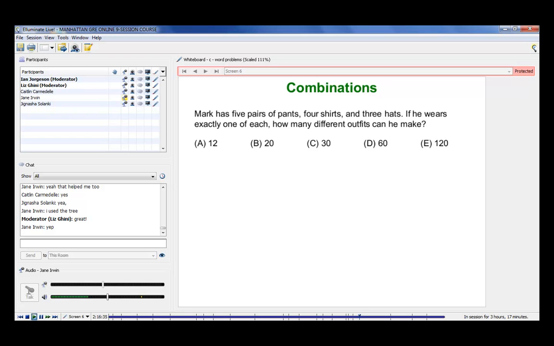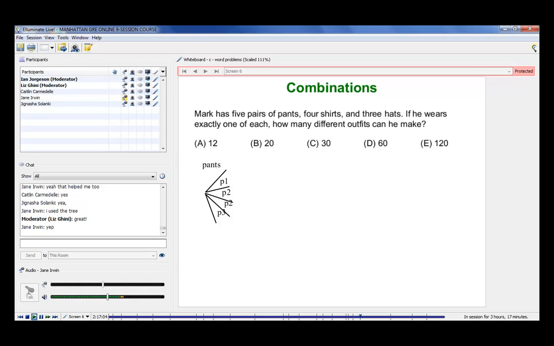Okay, so I used the tree on this one, and I just started with kind of branches, I guess, and I labeled them each P1, five branches because there are 5 pairs of pants, and just labeled them P1, P2, P3, P4, and P5. And then off of each one of those, I did 4 additional branches for each of the 4 shirts that can go with each one of the pairs of pants.